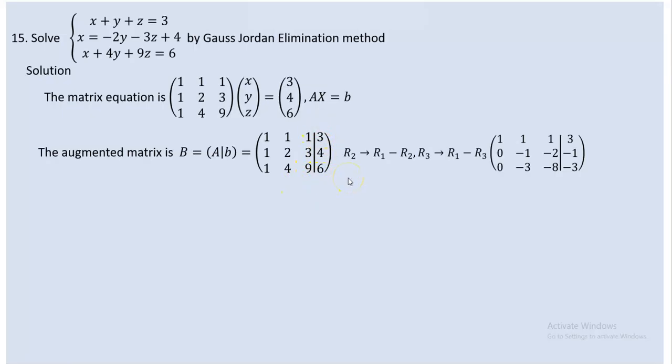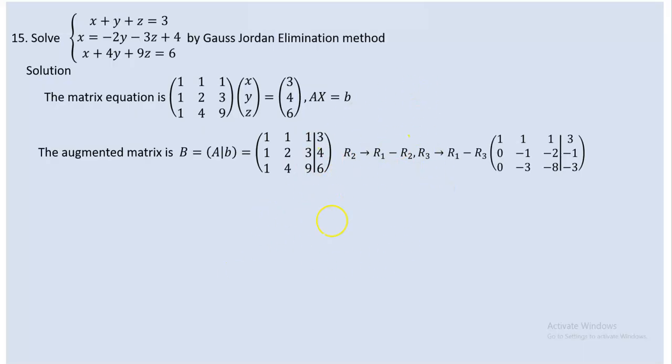The next thing is to express the resulting augmented matrix in terms of row echelon form. So let's now apply different kinds of row operations and try to write the given matrix in row echelon form. Look at how it has been done.